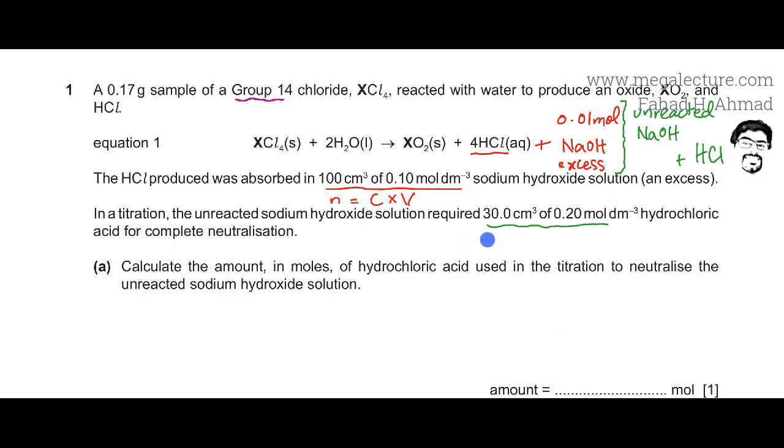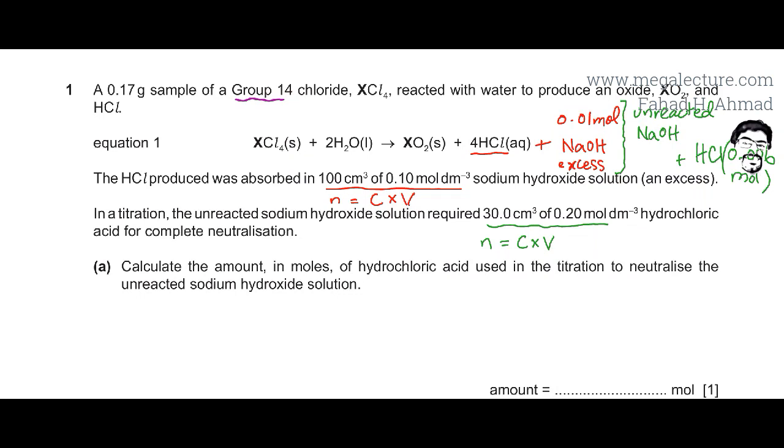So I can use the formula again, concentration multiplied by volume, and figure out the amount of HCl used in this titration. It's 30 cm³ times 0.2, divided by 1000, so it's 0.006 moles. That is the amount of HCl required to finish off the unreacted NaOH in the previous step.